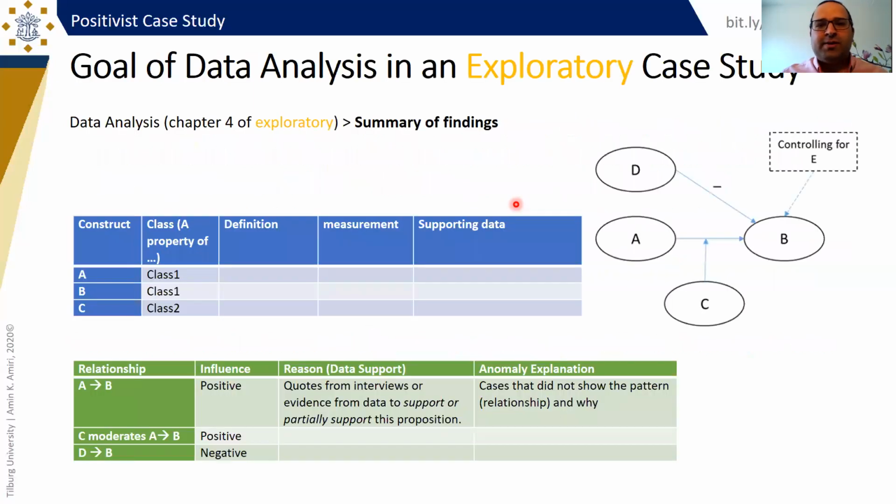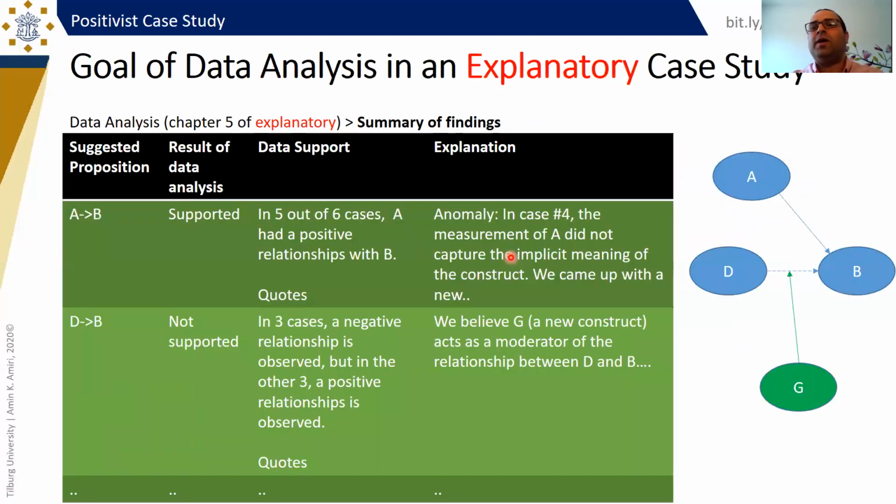So about data analysis, at the end of the data analysis for exploratory, you want to see this. Again, this should be the outcome. For explanatory case study, you find that this relationship does not work, and you want to suggest new constructs. So you need to have a table like this. 5 out of 6 cases supported that, 1 case did not support it, and that's the reason for this relationship.